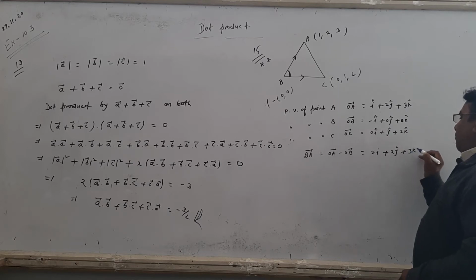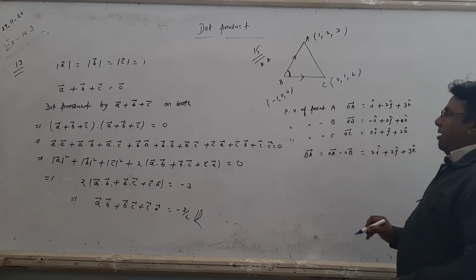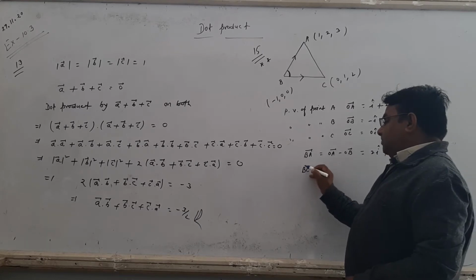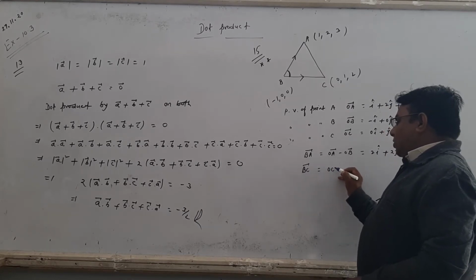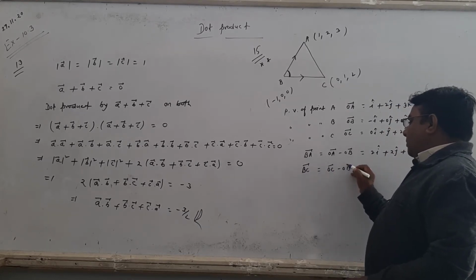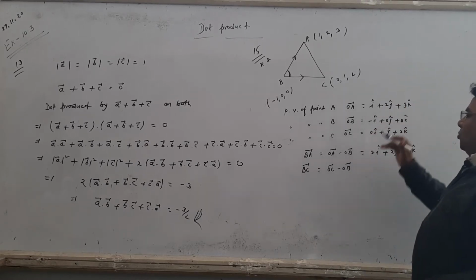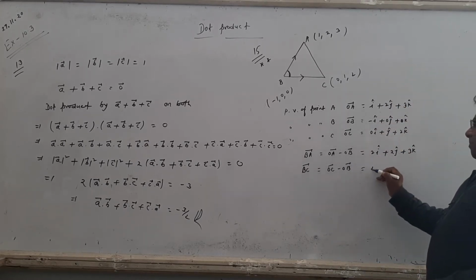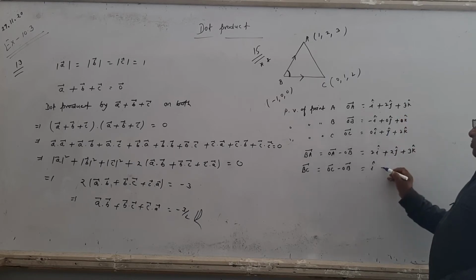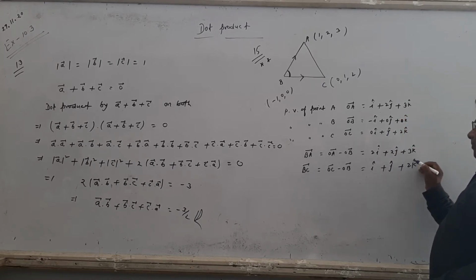This is vector BA. And now find vector BC, that means vector OC minus vector OB. Vector OC minus OB, that is 1 i cap plus j cap and 2 minus 0, that is 2 k cap.